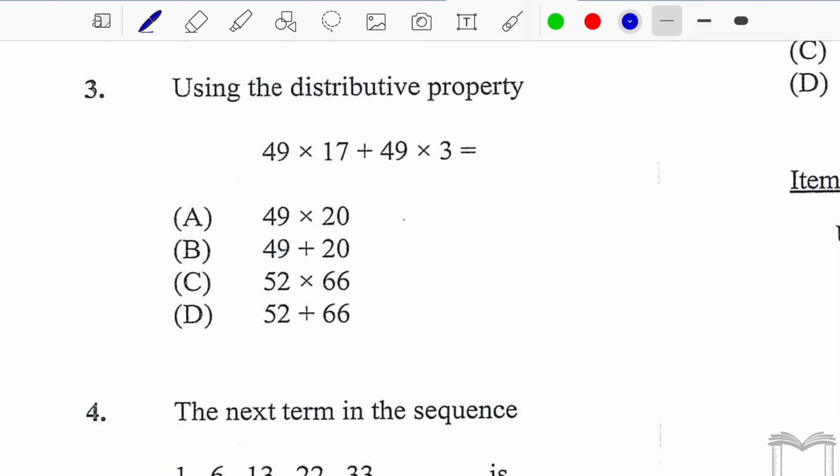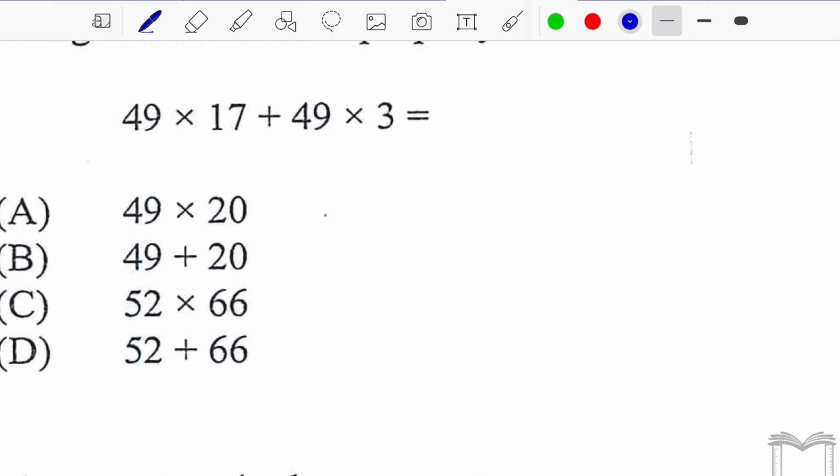Number 3. Using the distributive property, 49 times 17 plus 49 times 3 is equal to. So let me give you an illustration of what the distributive property is for this question.